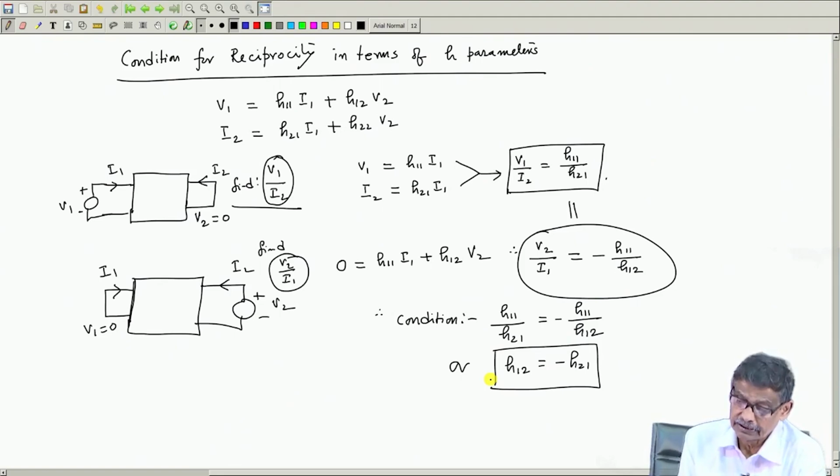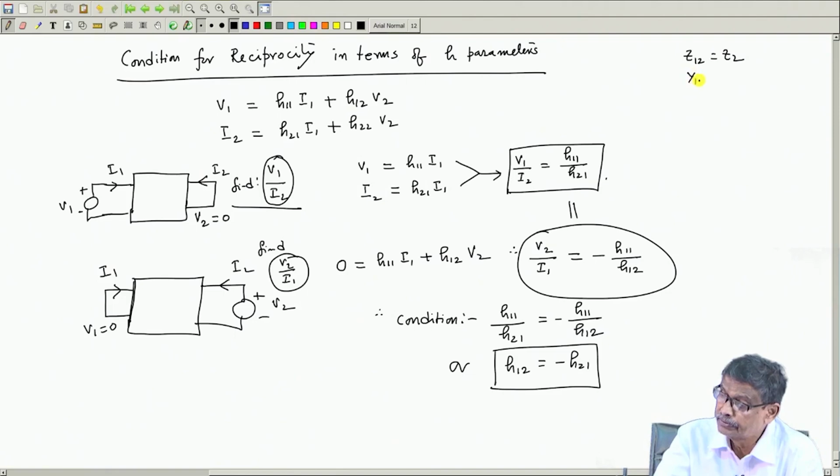See, for a given two port network, if it is reciprocal and if you want to represent it in terms of Z parameters, then the condition was Z 1 2 is equal to Z 2 1. If the same two port network is represented in terms of admittance parameters, then also Y 1 2 is equal to Y 2 1.